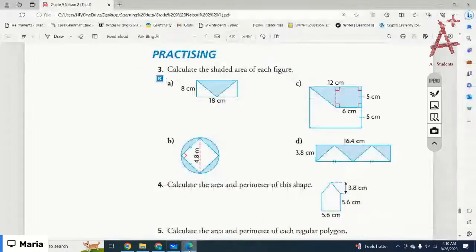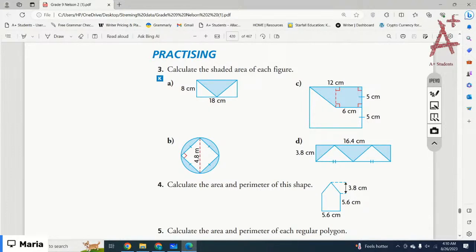Okay, let's look at the second one. You have to calculate the area of the shaded region. How do you calculate the area of the shaded region? You can divide this area into parts. You have to calculate the area of this square and then the triangle, right?